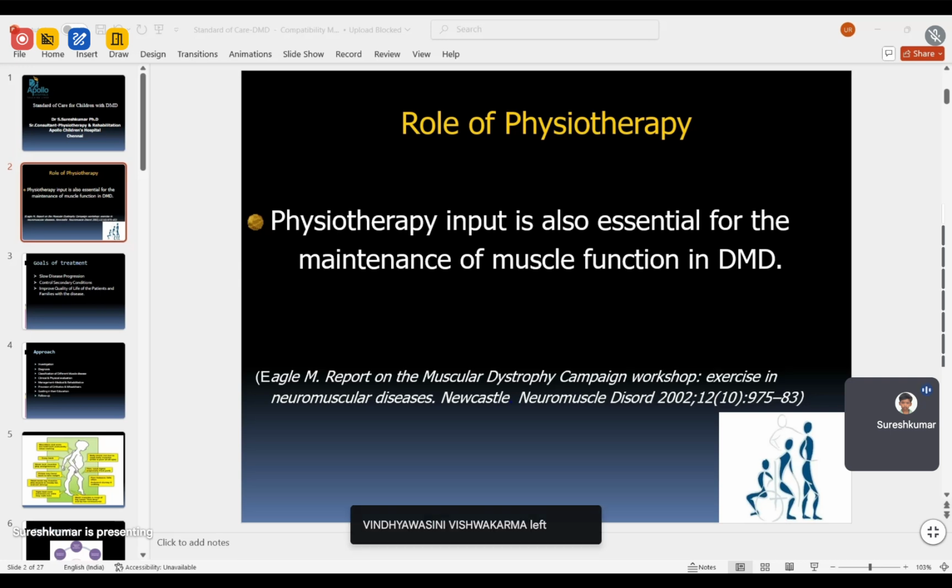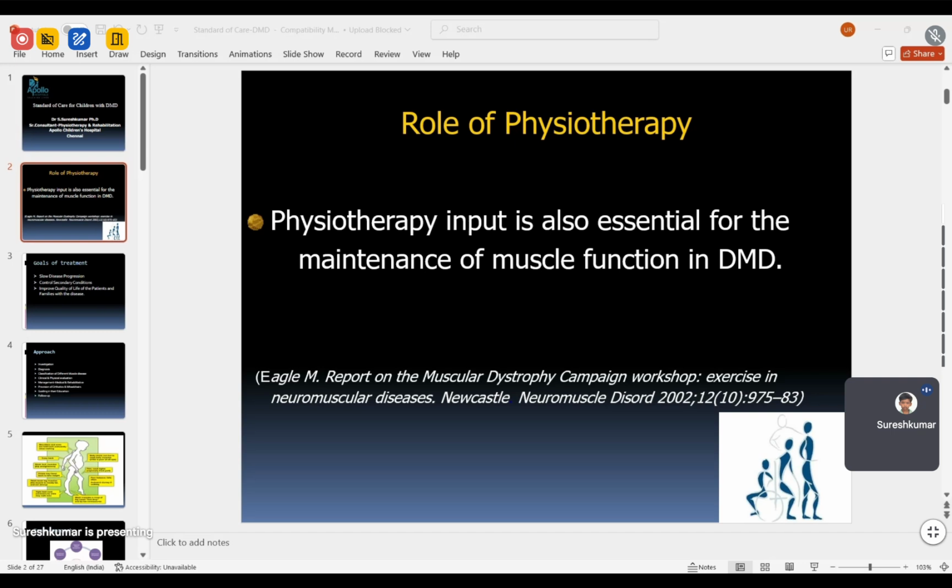These are all the muscles to be stretched, and these are all the range of motions to be performed. As I said, all joint movements in full range, no resistance, less repetition, never overdo exercise. These 4 points will do.